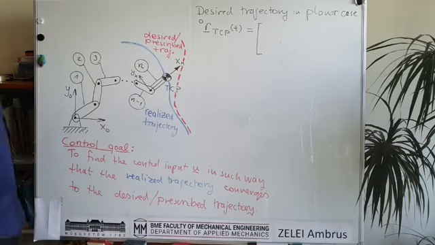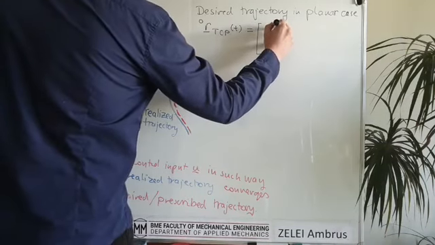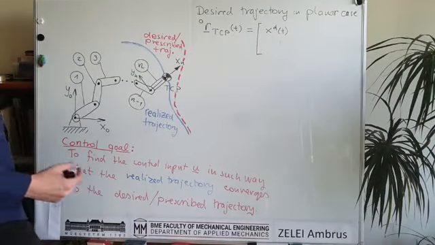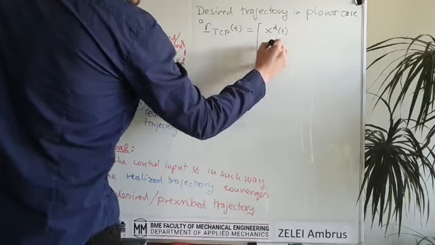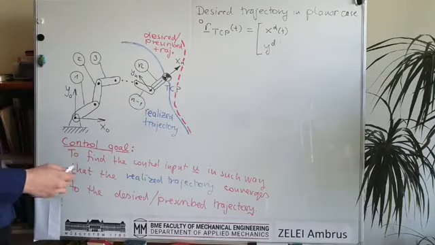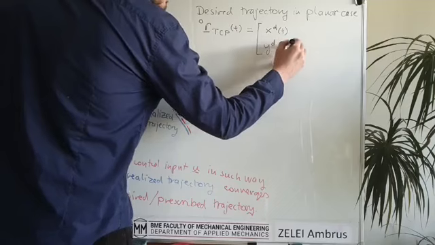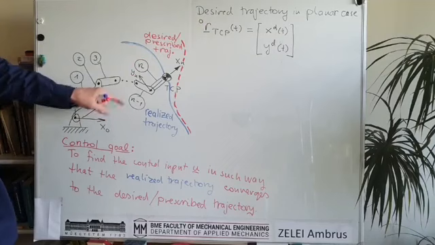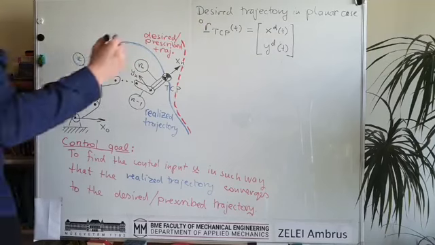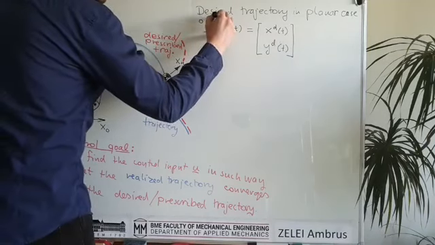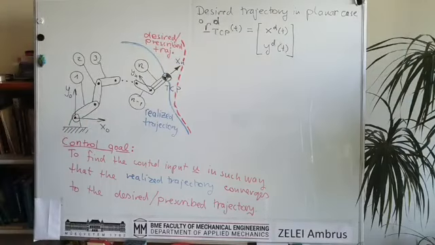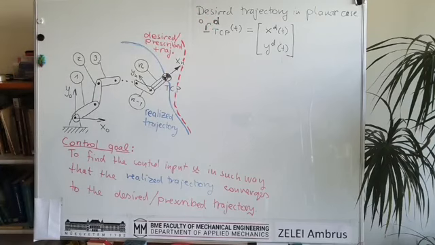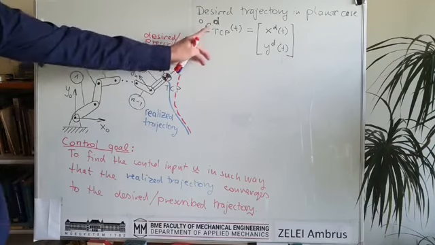So we say, for example, in this planar case, that there is a function of time for x, and there is a function of time for the y component, and then we just describe the desired position. Which is important, we will use this notation here: a small d in the upper right corner. This is a superscript which means desired.